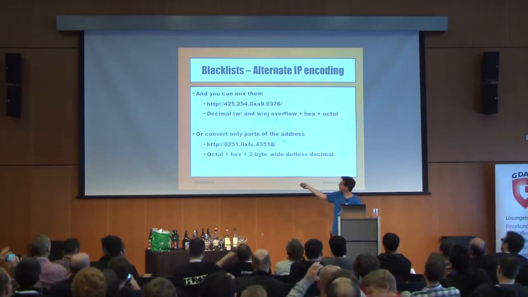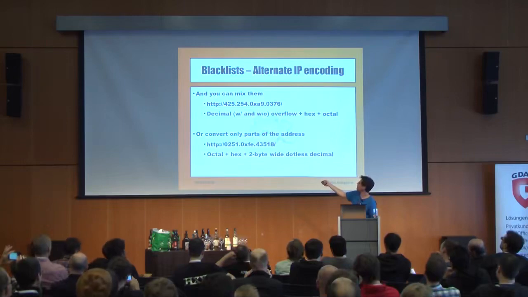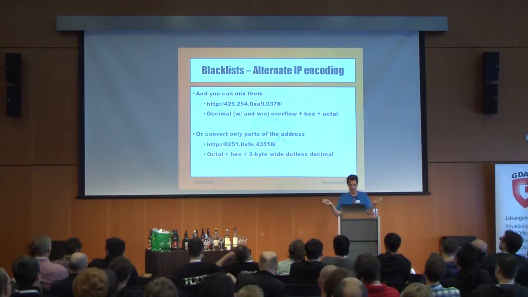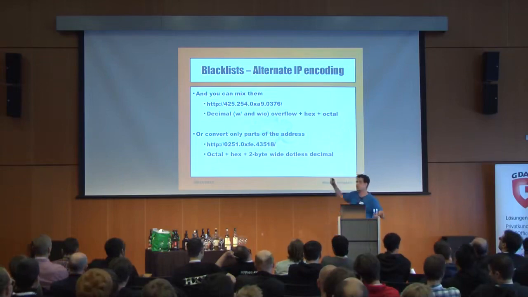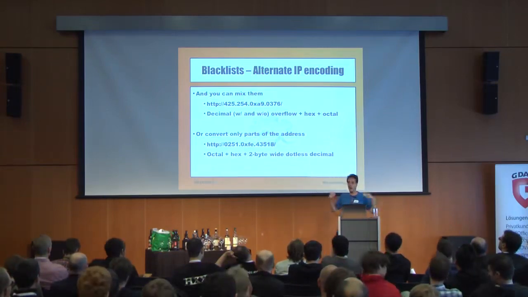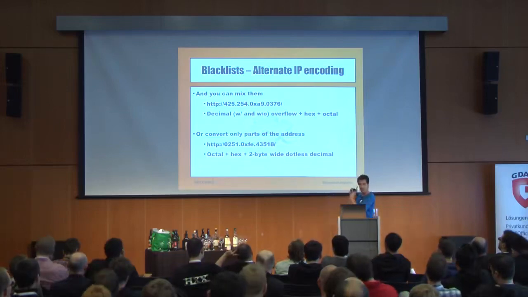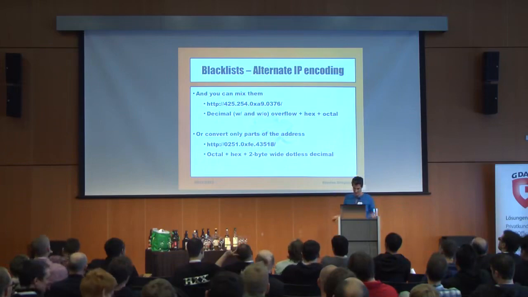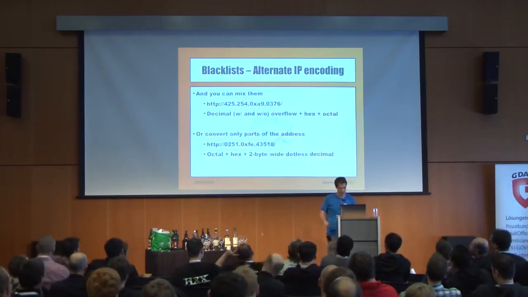So this is octal, this is hexadecimal, and this is dotless decimal, but only 2 bytes wide, because you can. You can try it on your computer right now. Ping this IP address, it will work. It's only for humans that it will be hard, but your computers already manage this kind of format, no problem. Okay, so that's enough for IP encoding.